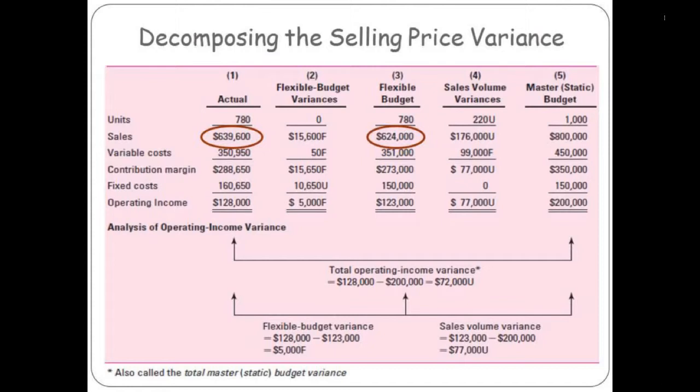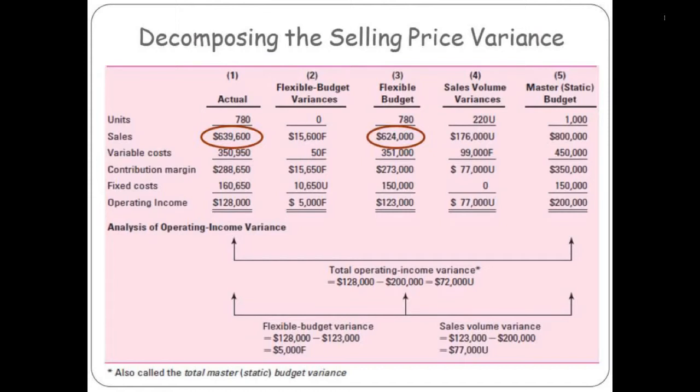You actually have a favorable variance of $15,000 on price, but maybe your price is too high. Because you have that favorable variance in price, you only sold 780 units rather than the 1,000 units you should have sold. Maybe somebody in sales made a bad decision to raise the price.